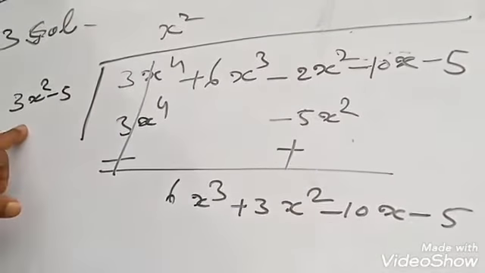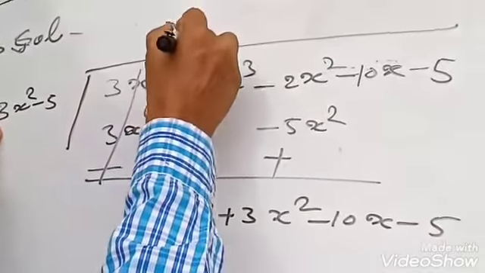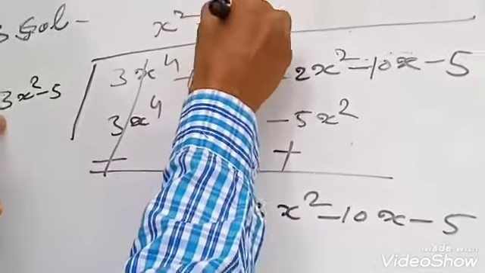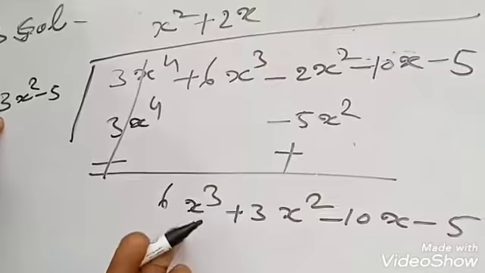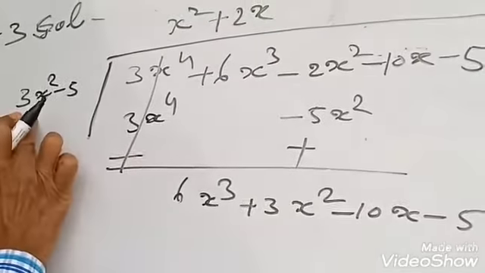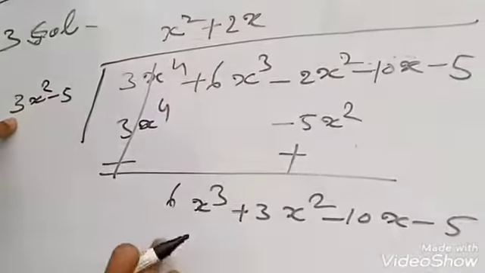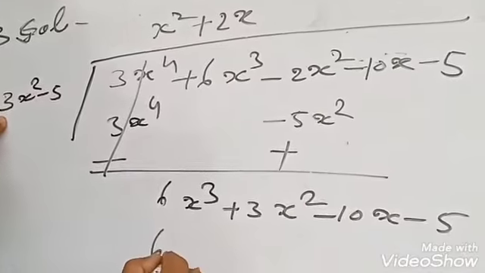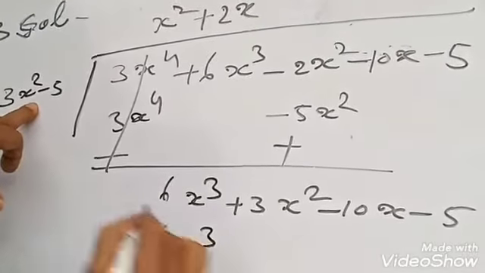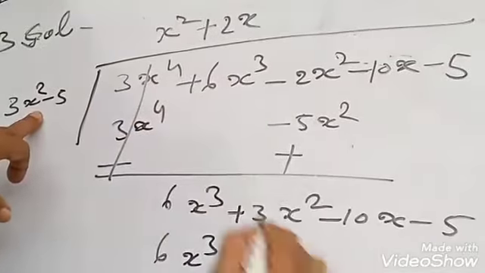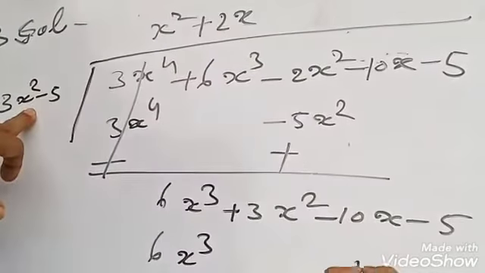Now it will be plus 2x, plus 2x for 6x^2, x^3. Here 3x^2, it will be 2x, it will be 6x^3, minus 10x.